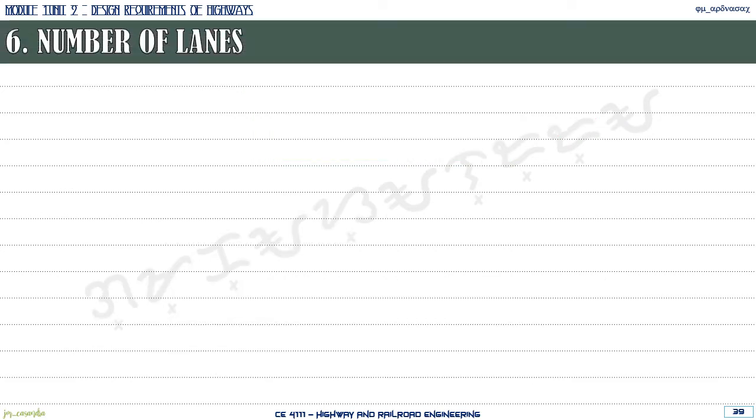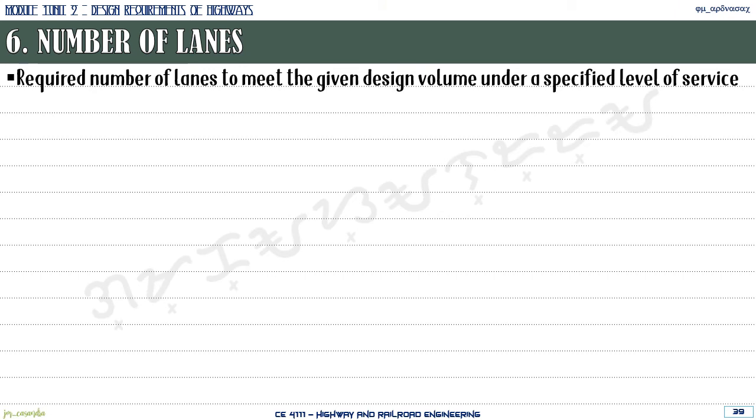For the number of lanes, this will depend on the design volume under a specified level of service. So once we have identified our design volume, we now compare it to a level of service. And from that level of service, we'll be able to identify how many lanes we are to place in our highway section or what we are designing.